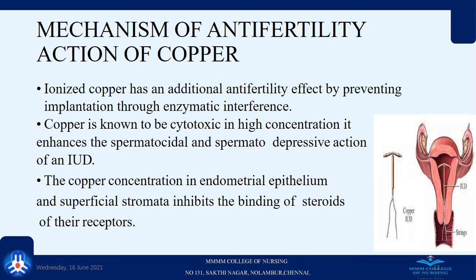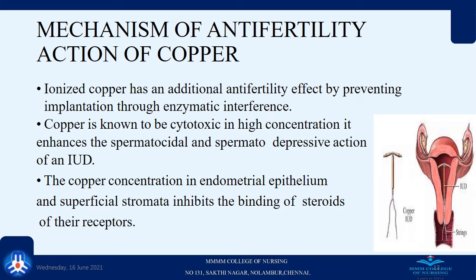Next we can see the mechanism of anti-fertility action of copper. Here the ionized copper has an additional anti-fertility effect by preventing implantation through enzymatic interference. Copper is known to be cytotoxic in high concentration.